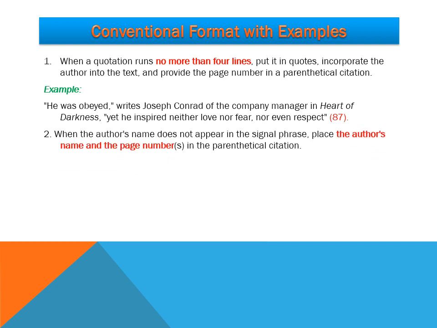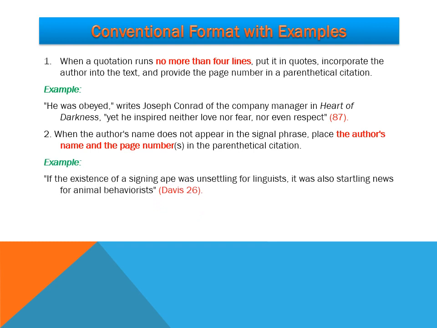The second code is the opposite of the first one. It says when the author's name doesn't appear in the signal phrase, which means you haven't introduced the author's name in the quote or before the quote, you have to place the author's name and the page number in the parenthetical citation. As you see in the example here, Davis hasn't been mentioned in the text, and that's why you have to provide this information in the parenthetical citation.